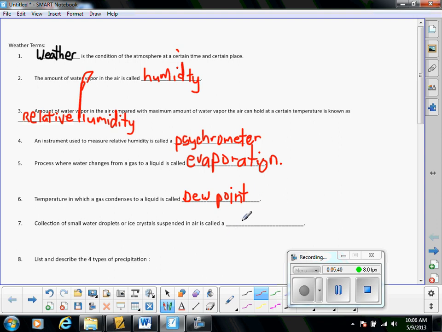Okay, so the collection of small water droplets or ice crystals condensed in air is called a cloud. And there's different kinds of clouds, as you know. You probably did this in your previous grades, so we're not going to get into the different types of clouds at this point.